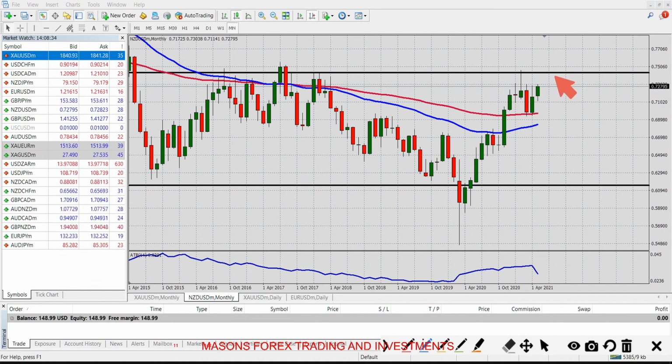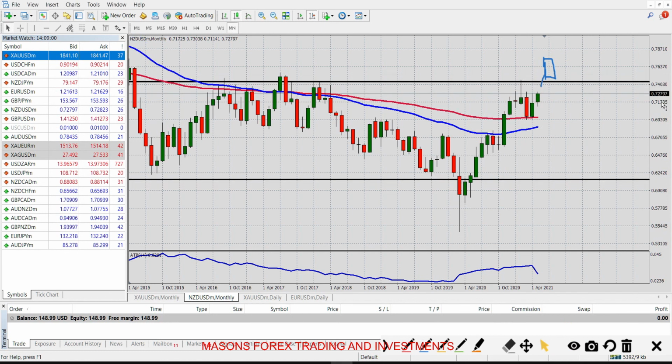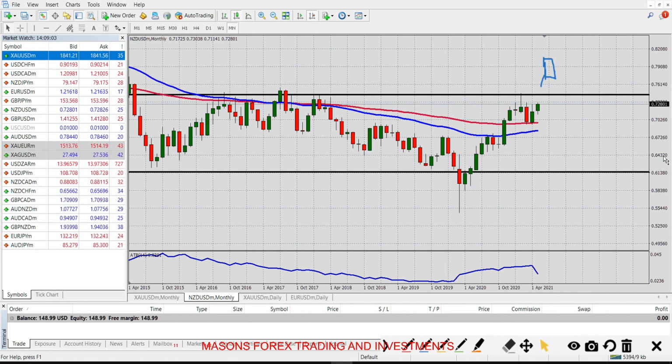And then we can wait for price to push back up and form this beautiful engulfing bar. After the engulfing bar is formed, then we have an idea, or it could be another entry technique to look for higher prices.